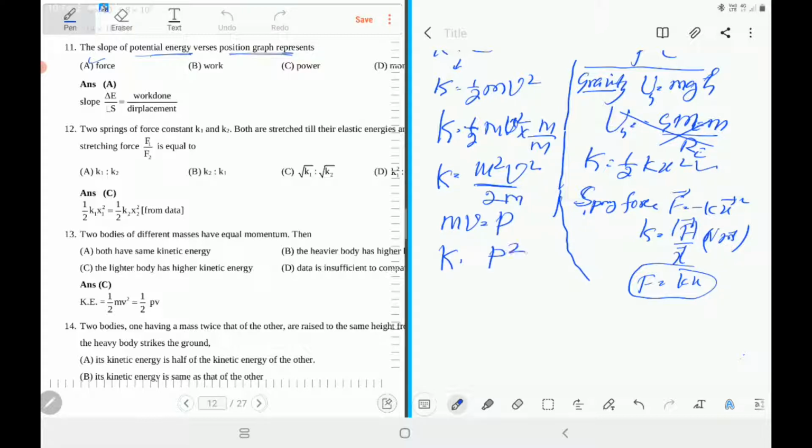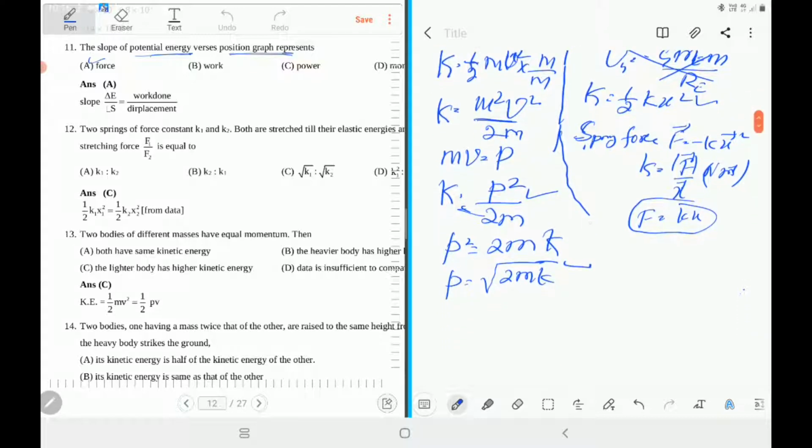So it is p squared, momentum squared, divided by 2 times mass. If you cross multiply, p squared is 2 times mass into kinetic energy. So p is the square root of 2mK. We write this way also for solving problems. You can use this relation whenever it is required.